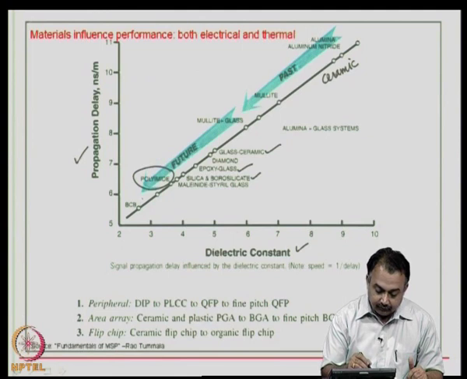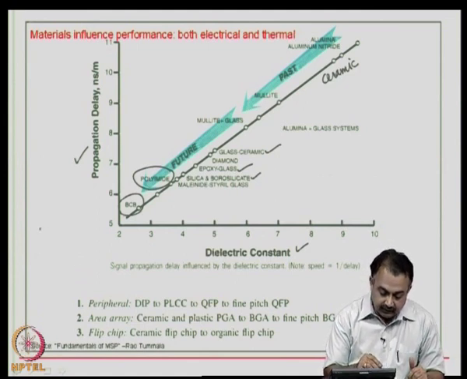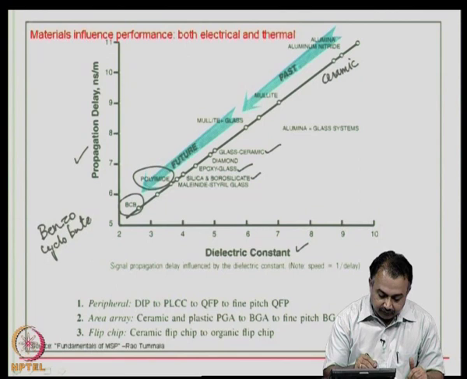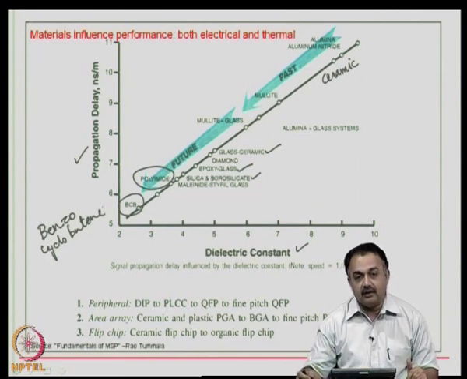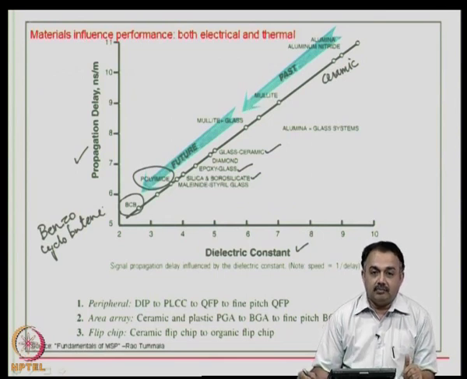And another material that is being used today in semiconductor manufacturing is BCB. BCB is benzocyclobutene, whose dielectric constant is close to 2, and therefore, you can expect much better electrical performance.